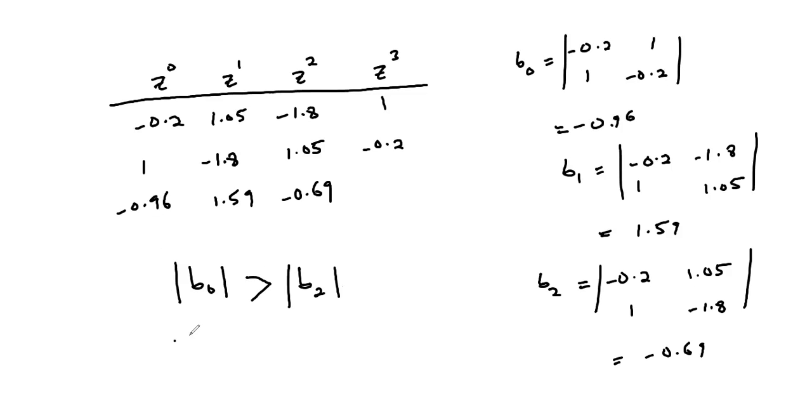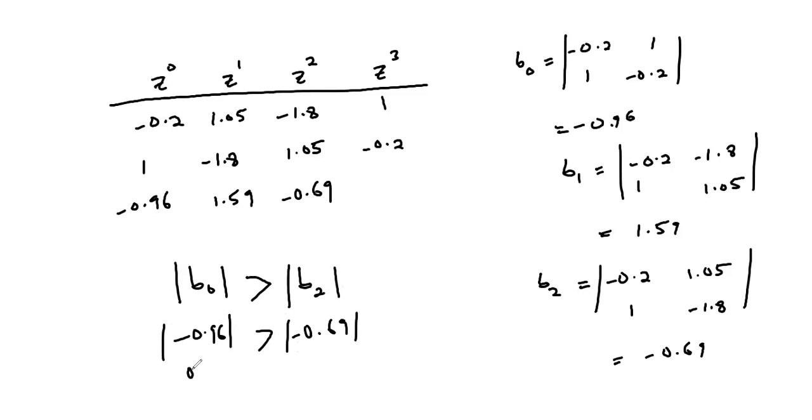So B0 is negative 0.96 magnitude, which must be greater than the magnitude of B2, which is the magnitude of negative 0.69.